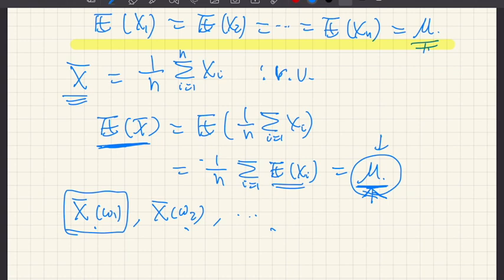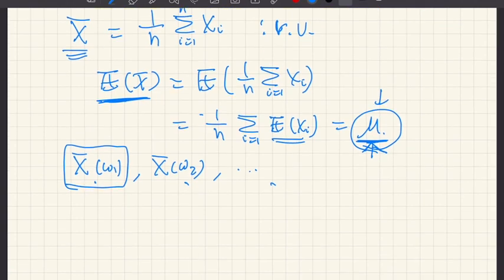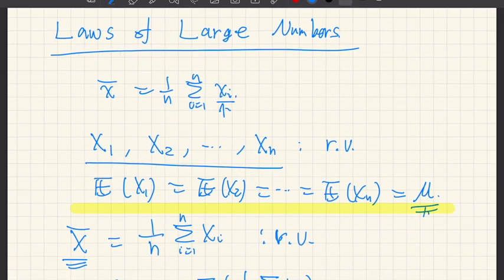And this question can be, in a sense, answered by the law of large numbers. And actually, there are multiple laws. Here we mostly explain the weak law of large numbers. So here's the problem setting. As I've said, we have many random variables, and each of them has the same mean.